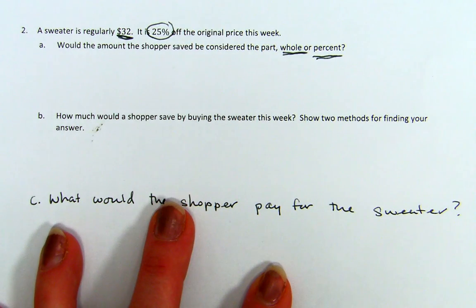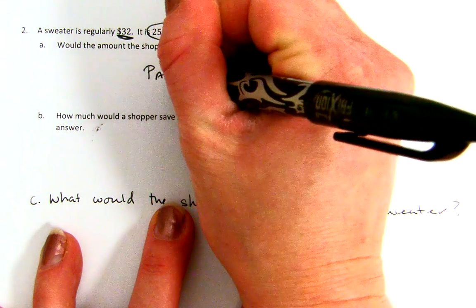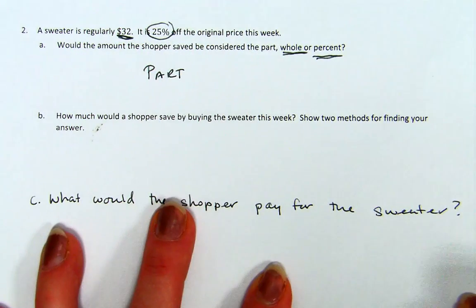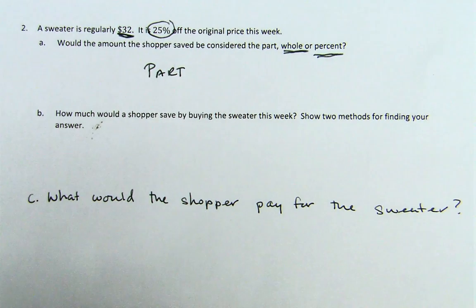So the amount the shopper saved is a part of that whole $32. So the part that the shopper saved, that 25%, whatever that money is, that would be considered to be part of the whole.